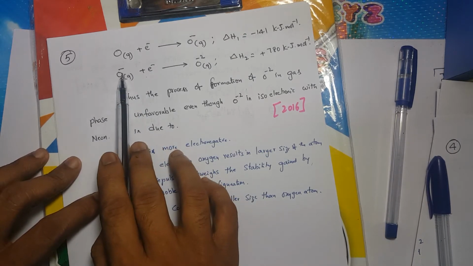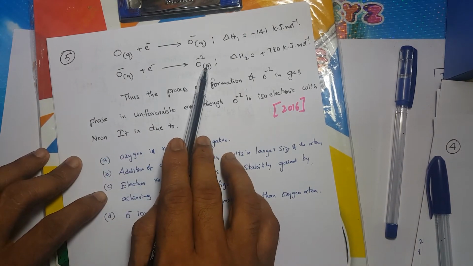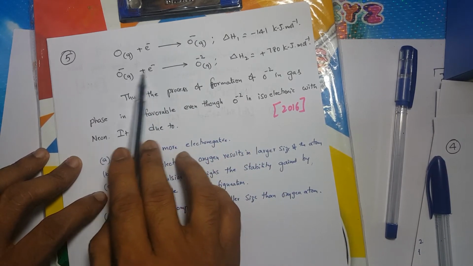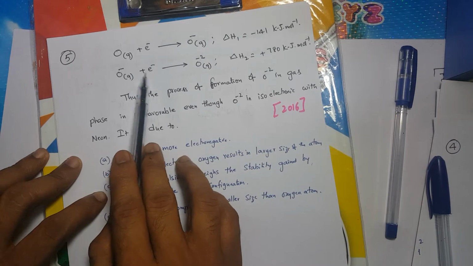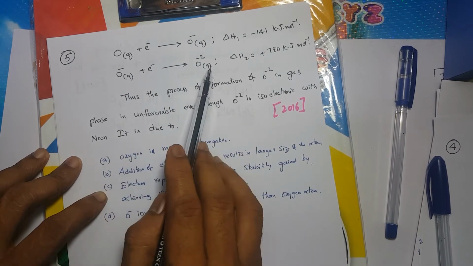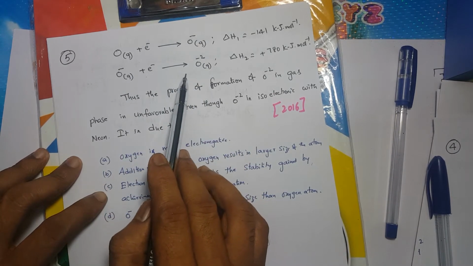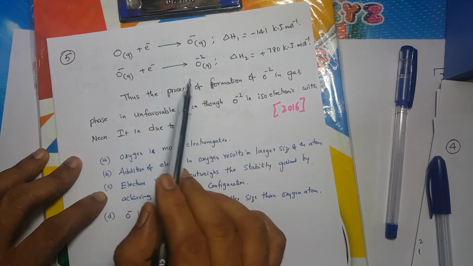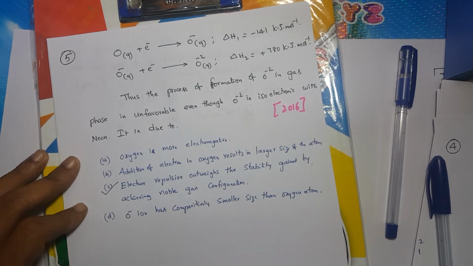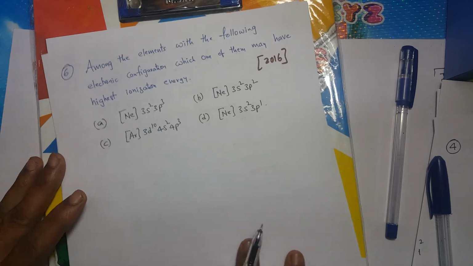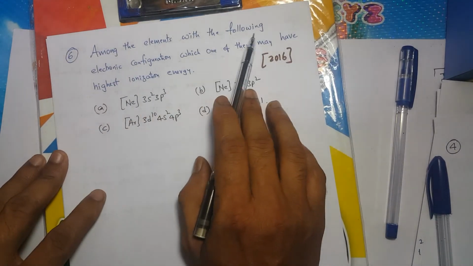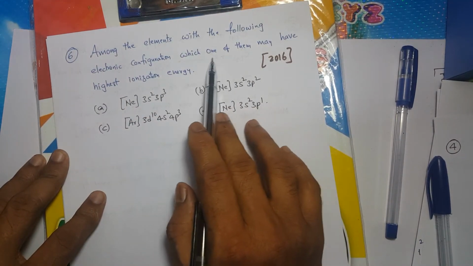That means even though it gets stabilized by getting a noble gas configuration, that is overcome by the electron repulsions, which are greater than the stabilization gained by the O 2 minus configuration. That's why it becomes unfavorable. That is the option.